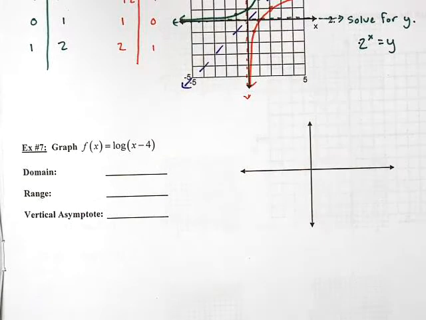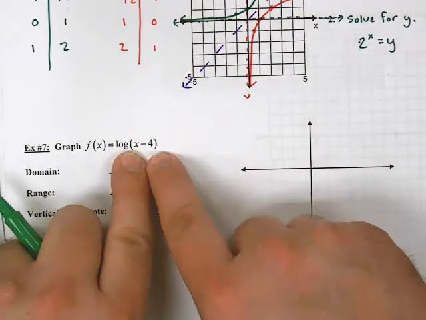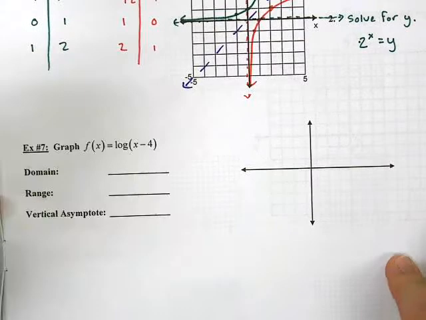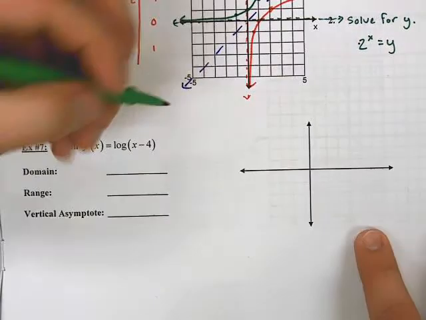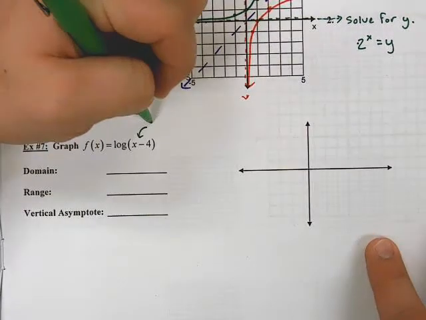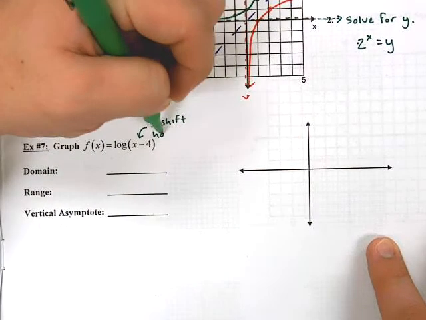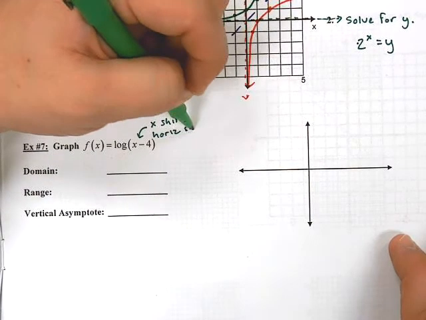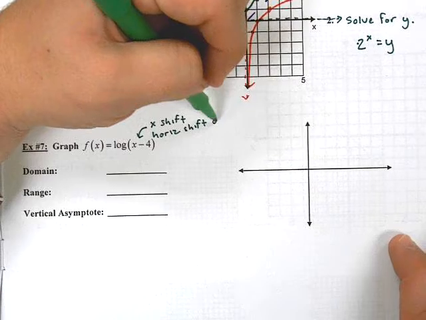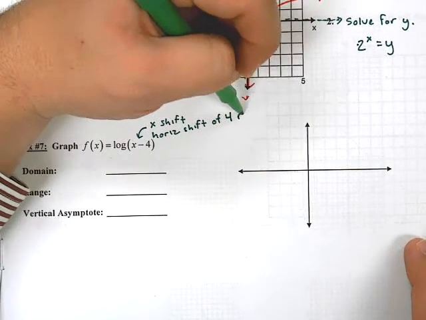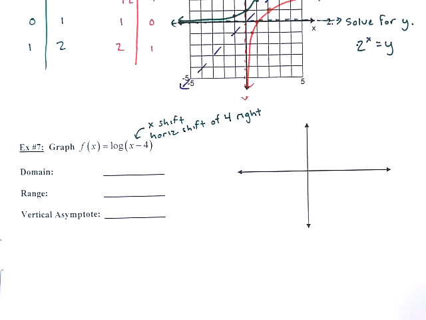All right. Please note, please note, x minus 4. This minus 4 is inside the function, which means this is an x shift or a horizontal shift of 4 right. Okay, we're shifting 4 units to the right.